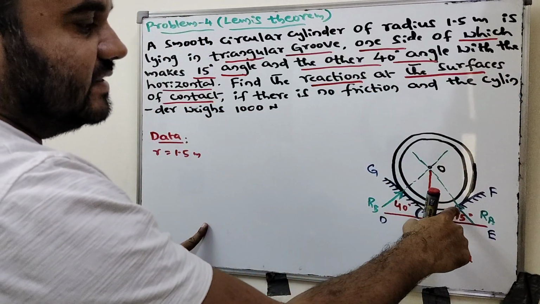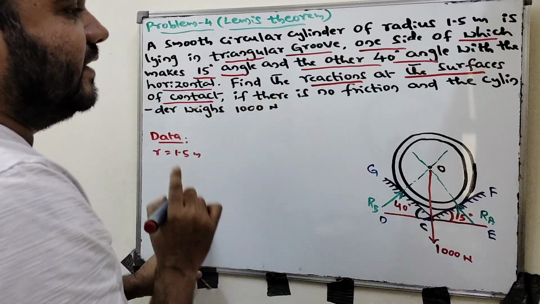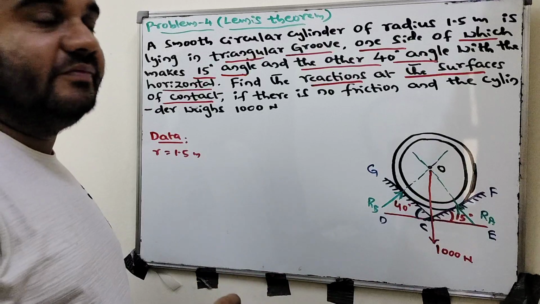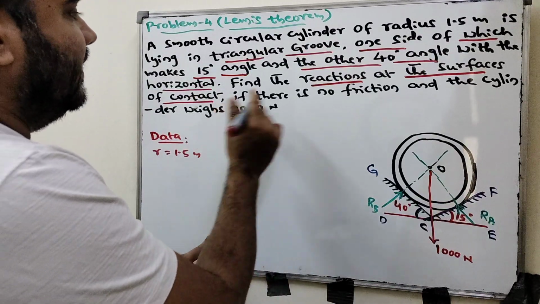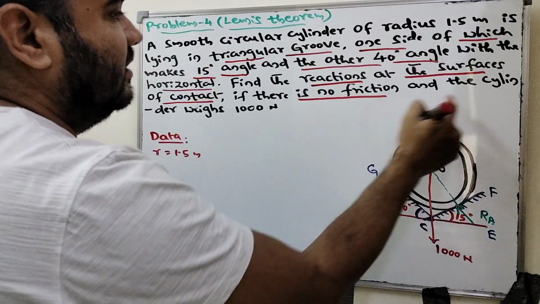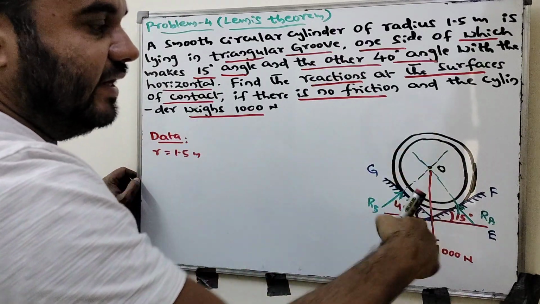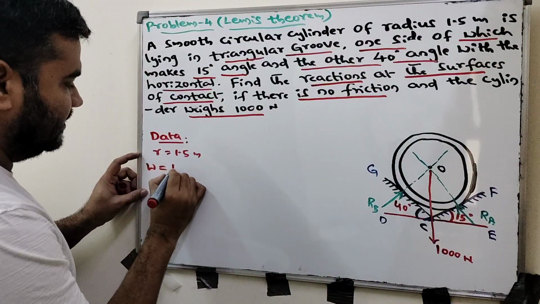If there is no friction, it means you have to consider the friction negligible, and the cylinder weighs 1000 Newton.